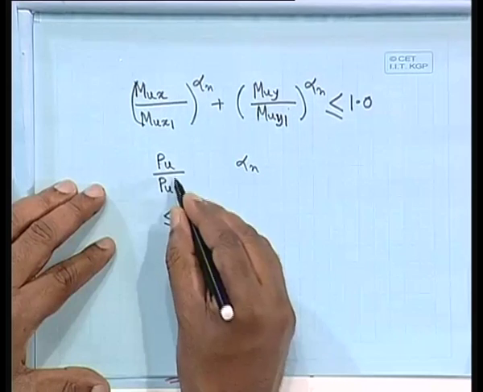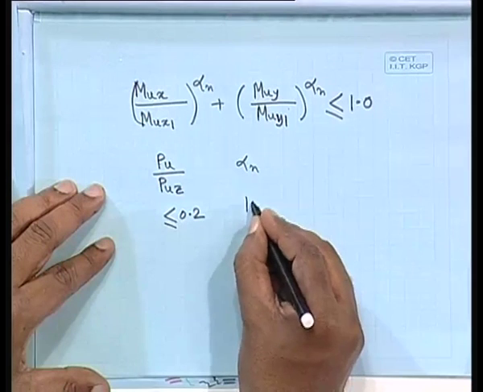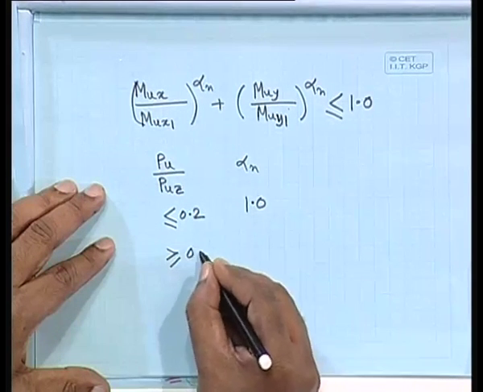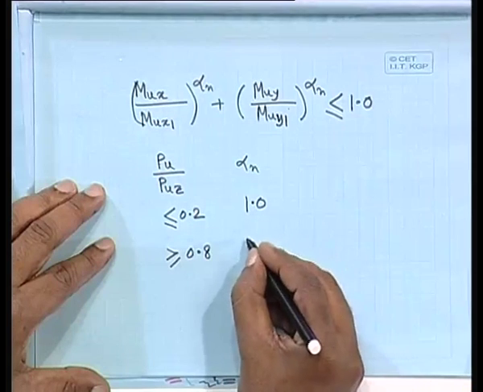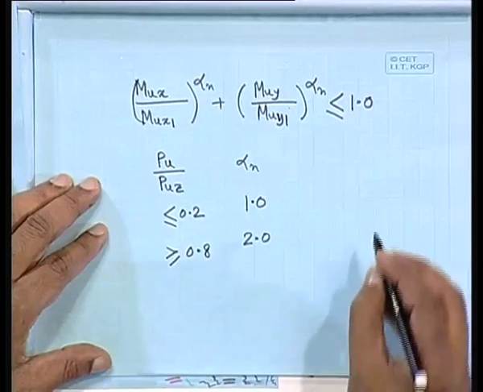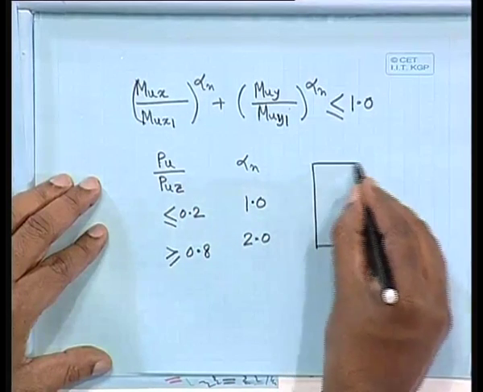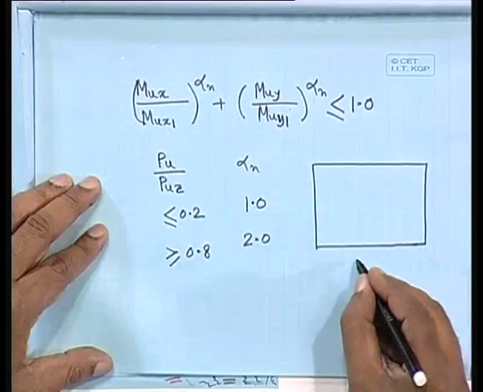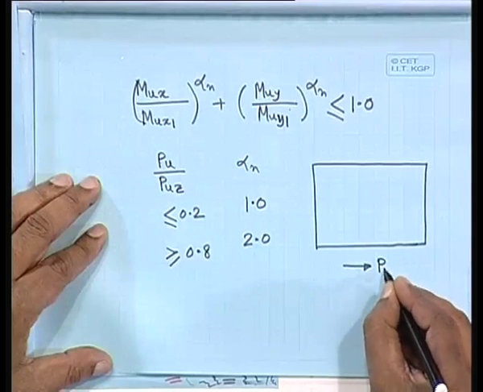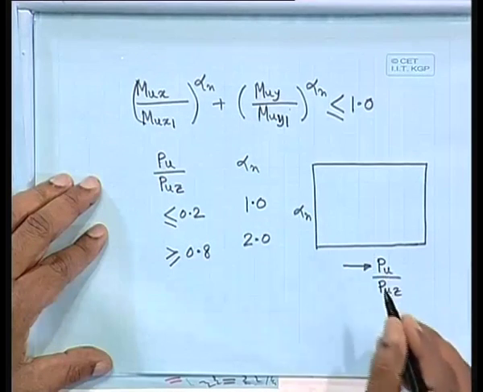If Pu by Puz is less than or equal to 0.2, then alpha n will be 1, and if it is greater than or equal to 0.8, then it will be 2.0. So, the curve looks like this. This is your Pu by Puz, and this is your alpha n.